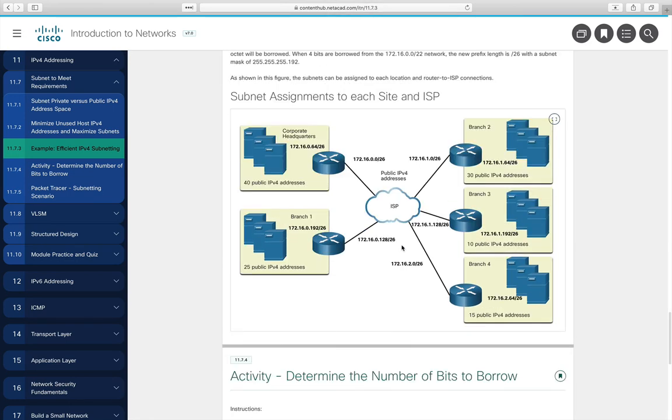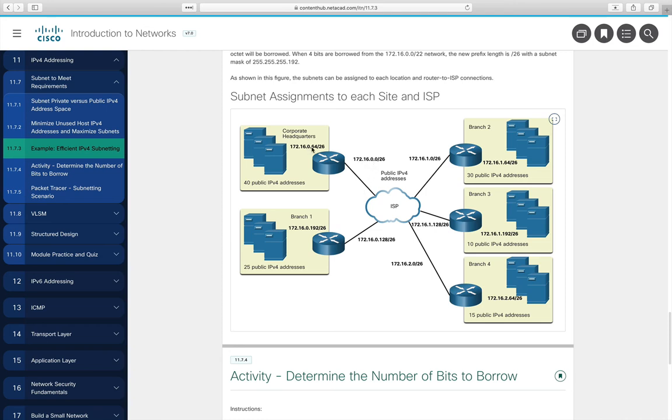So what they're doing is they're going through and they're assigning all these subnets that have 62 hosts in them. So here we waste 22 addresses. Here we waste 32. So we still have some waste, but we're trying to minimize that. And then what they've done here is corporate to the ISP, they've given the 0 subnet.